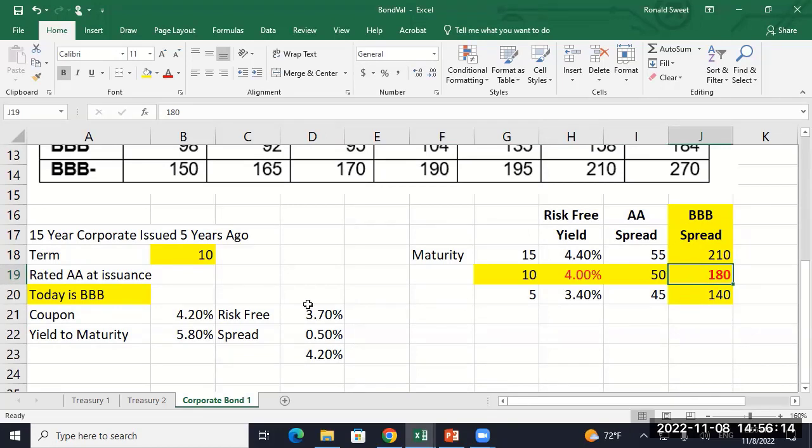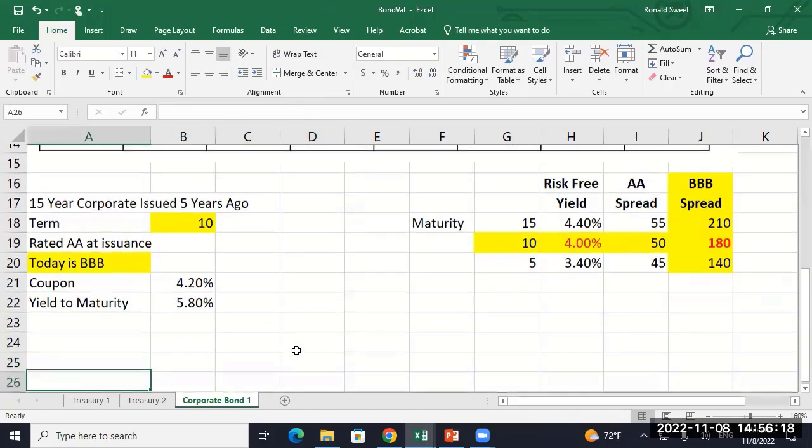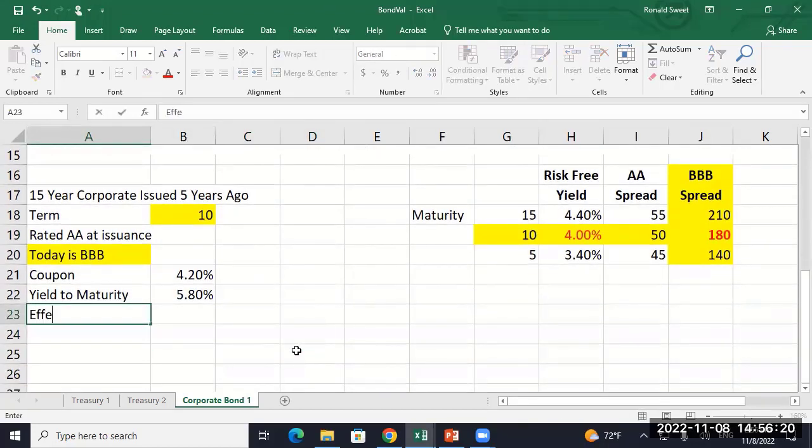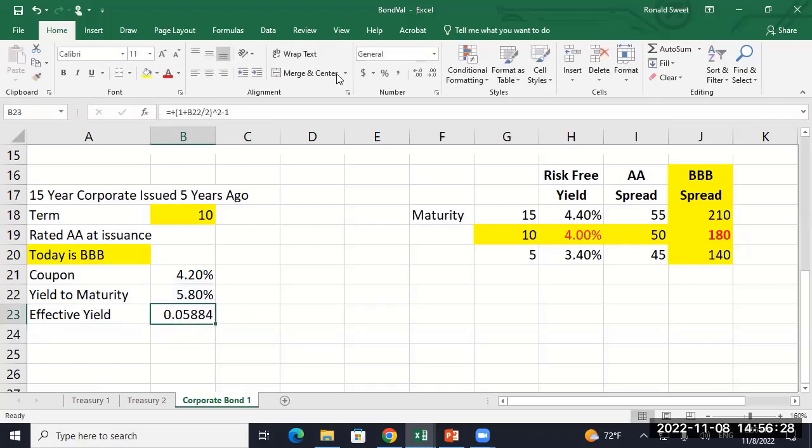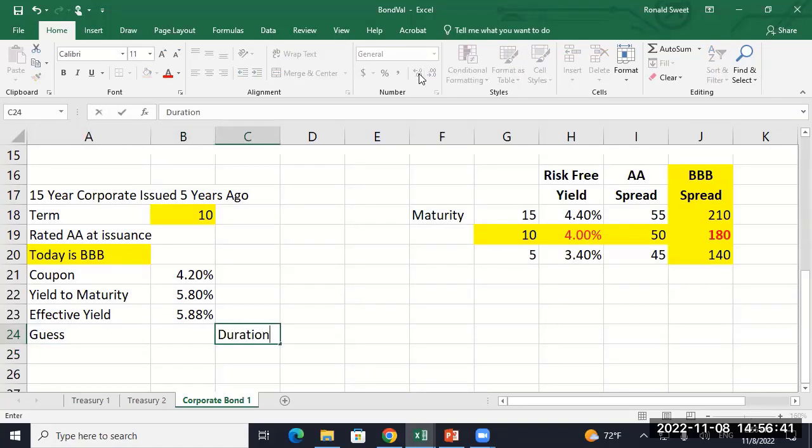Right. So, all right. So let's price this bond. We still need the effective duration. And then we'll do a guess here. Let's see, 10 years, boy. I'm really, really bad at this.